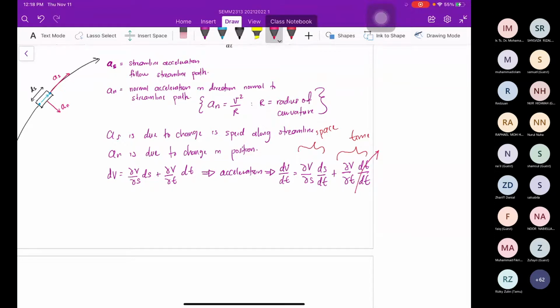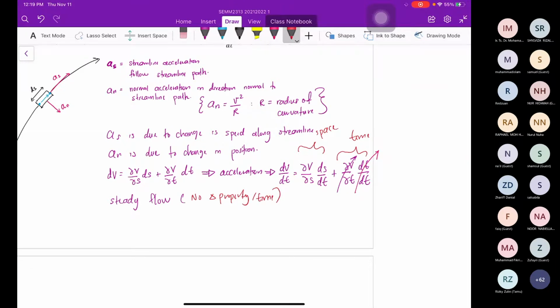All right, so we're gonna have, okay, and then this also we can cancel out when we consider a steady flow. Steady flow means there is no change of property over time.